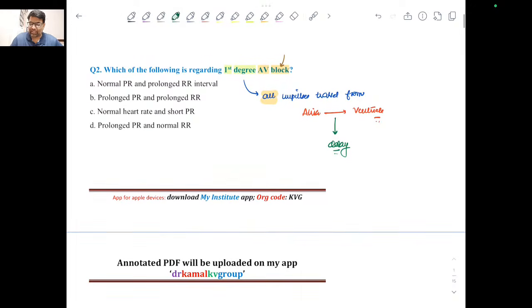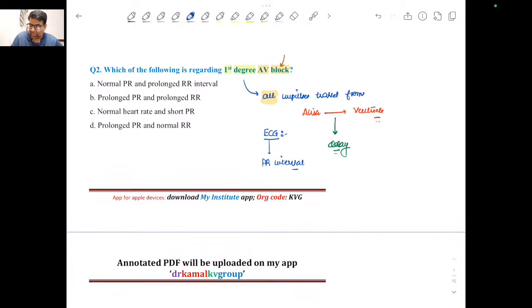So there is delay in the transmission of impulses from atria to ventricle, and on ECG, what is the parameter which tells us about the duration of the transmission of impulses from atrium to ventricle? That is the PR interval.